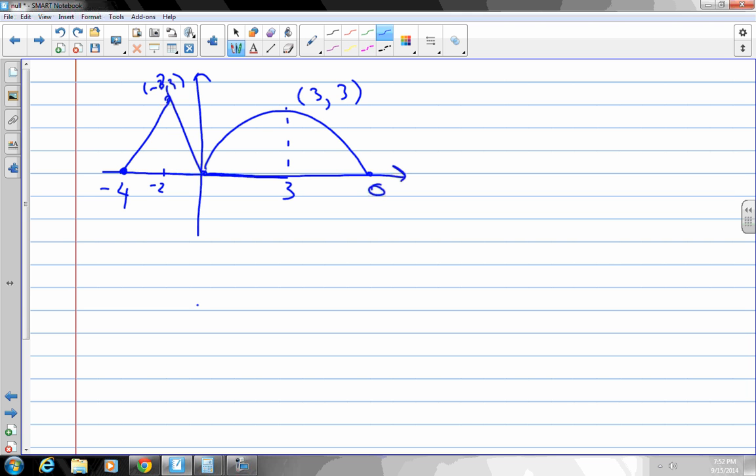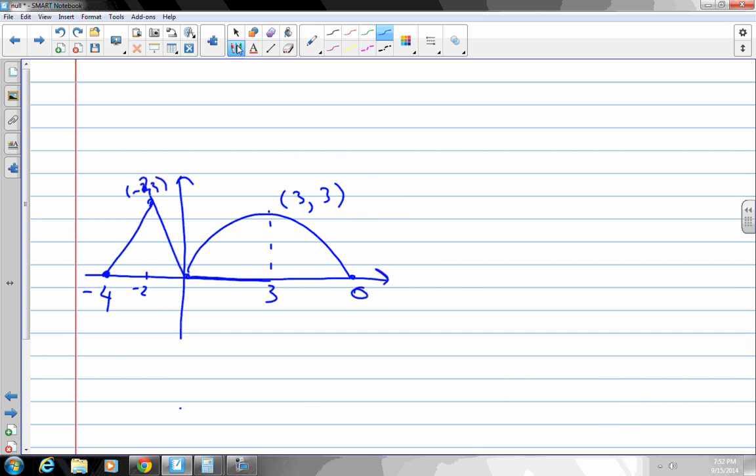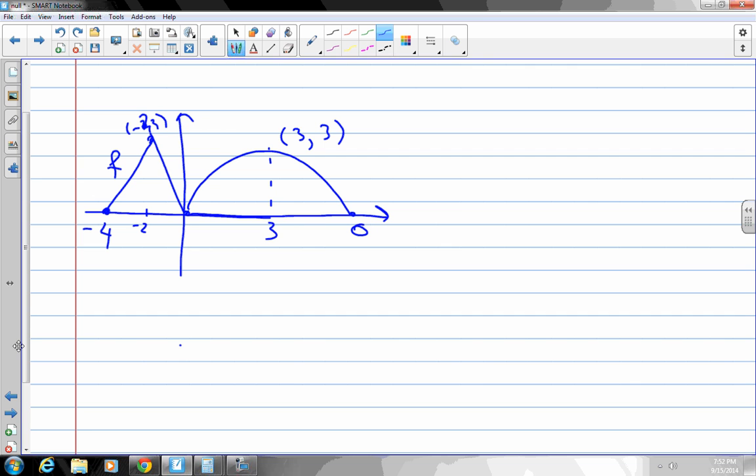This is -2. So this is the graph of f. That's what I mean by the graph of f is known. So it's some ugly thing like this, or one of the basic functions that we know already.